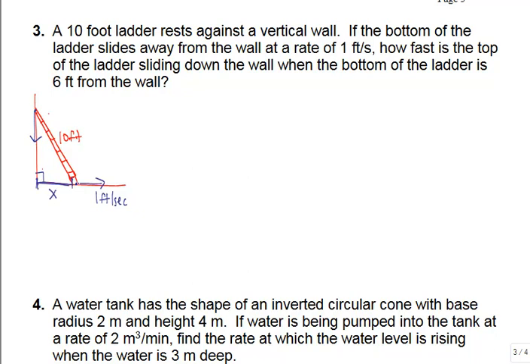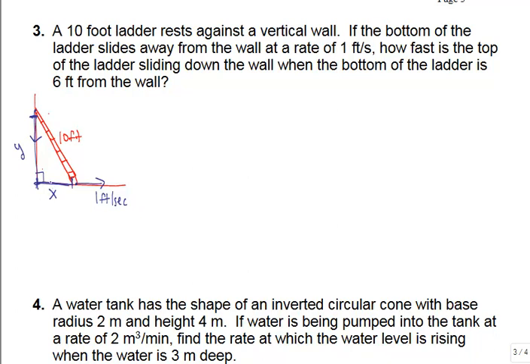Likewise, as the ladder moves away from the wall, the top of the ladder moves down. So this vertical distance changes as well. It's going to get smaller. So we need to call it a variable name. It's going to be called y. So we have a nice right triangle, and as you know, Pythagorean theorem applies to every right triangle.